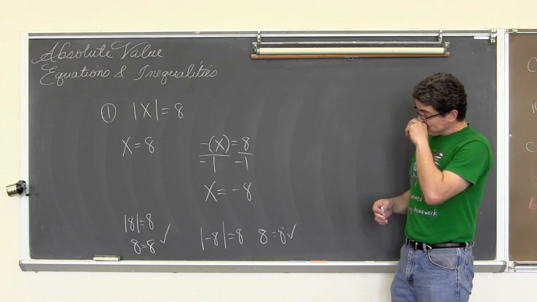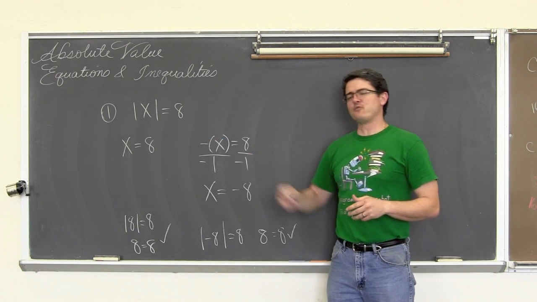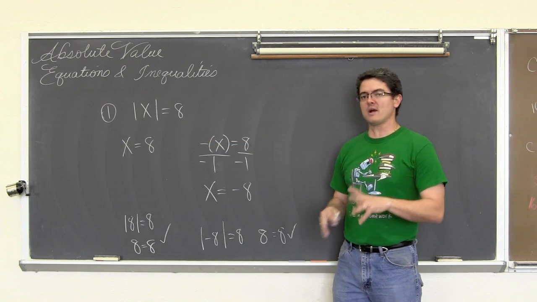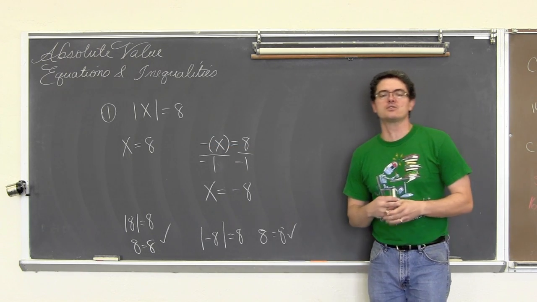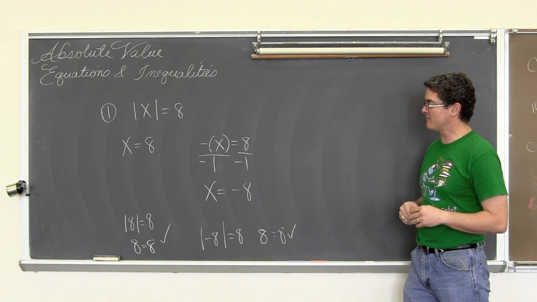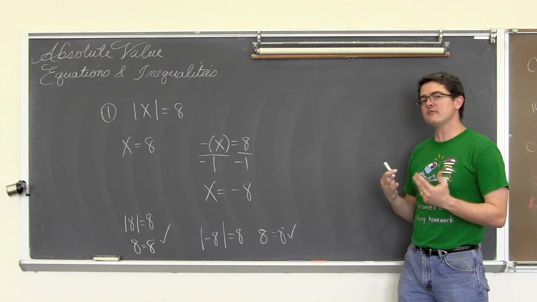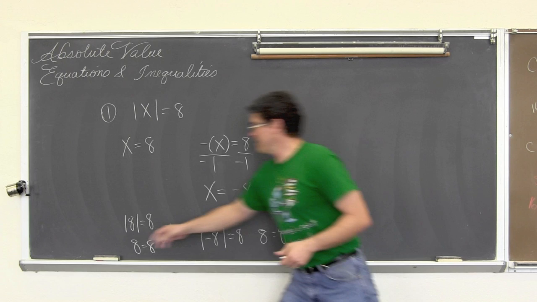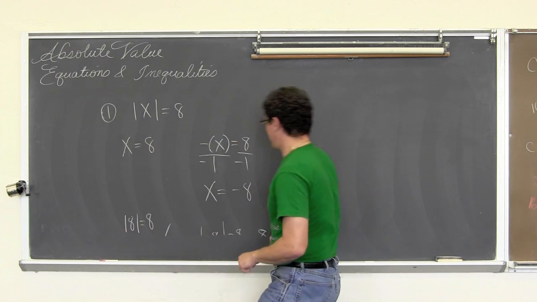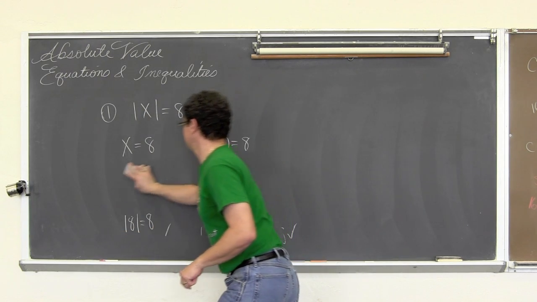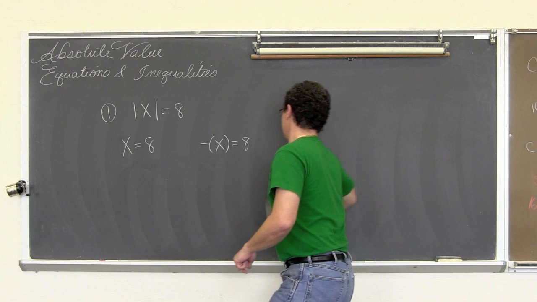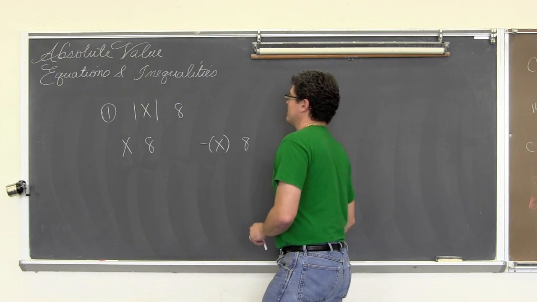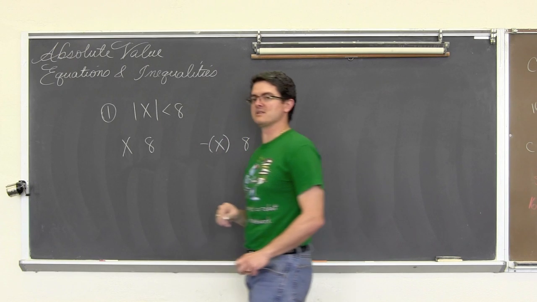Now, this is a little bit different format than my book and a lot of textbooks use. I like writing it like this, where I say that you take the absolute value function out and replace it with a set of negative parentheses because of working with inequalities. Now, what I mean by that is if I go back up here and replace the equal sign with, let's say, a less than symbol.